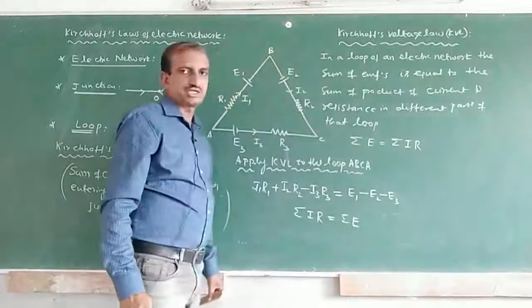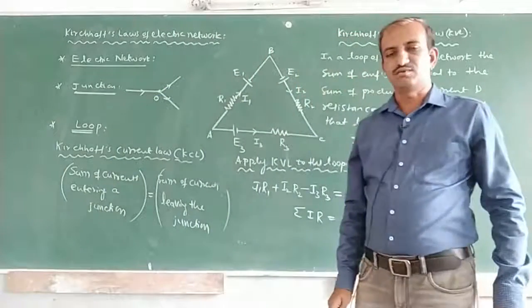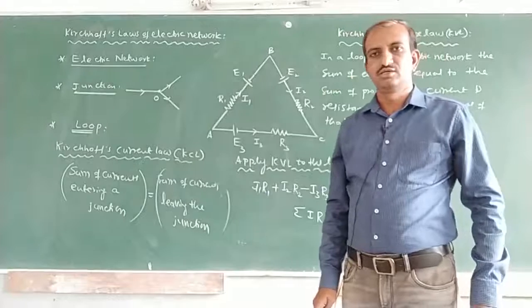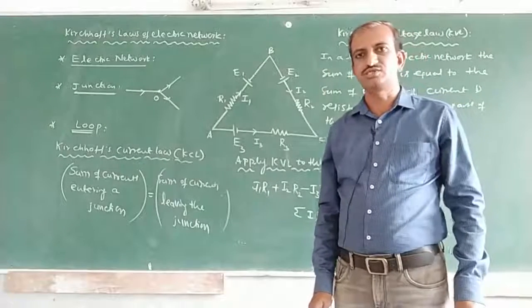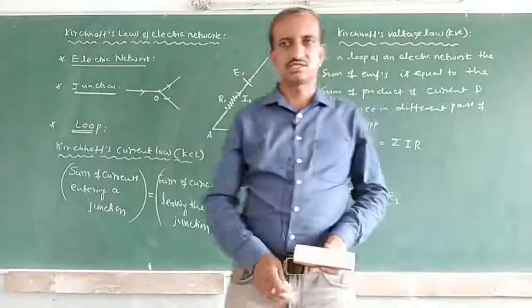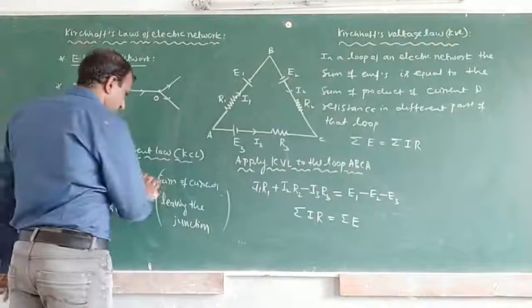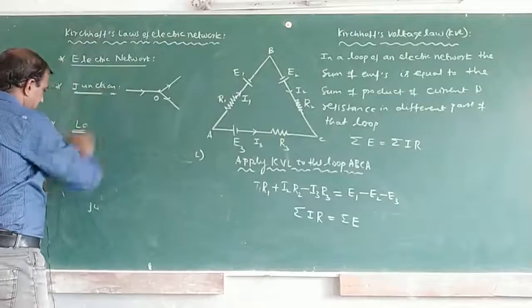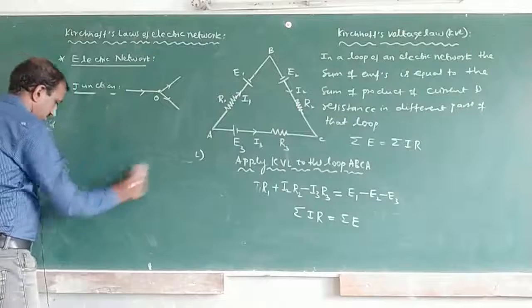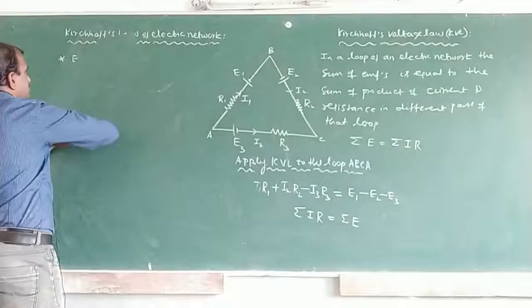Now, the application of Kirchhoff's laws to electric networks. This is applied in a bridge known as the Wheatstone bridge, or Wheatstone's network. Let us consider the Wheatstone's network. It was developed by Charles Wheatstone to find the resistance of a resistor.